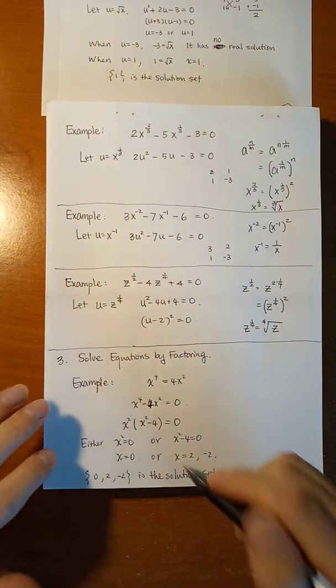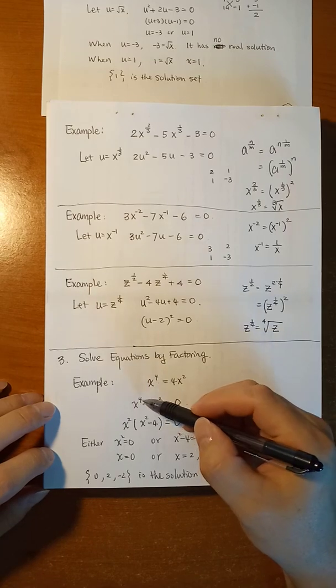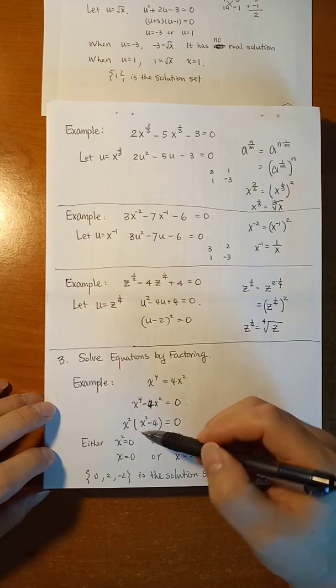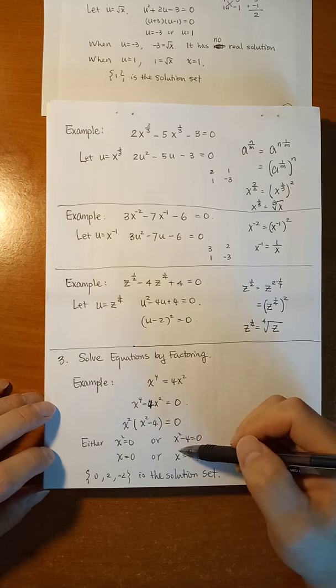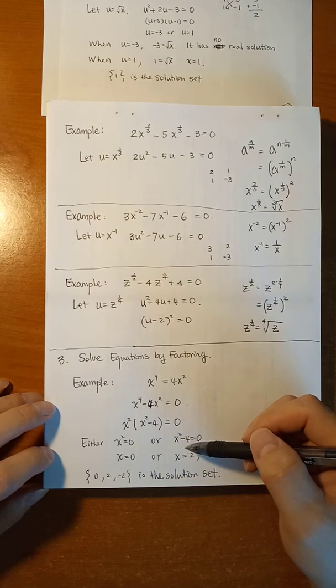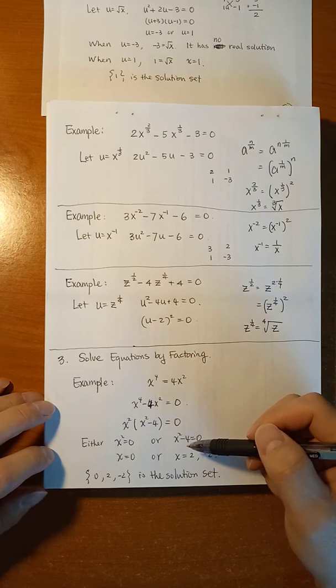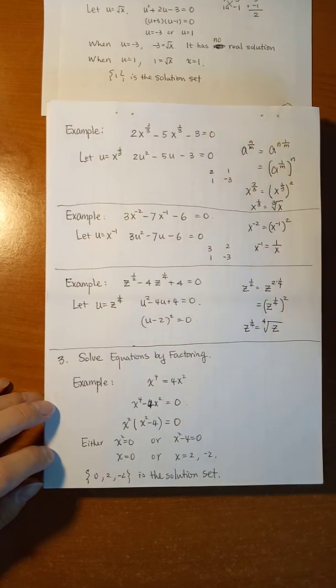After you see here, the original equation has degree 4. After factorization, each part of it has only degree 2. So factorization will reduce the degree. Lower degree will give us an easier process. If you have a high degree, it will be more difficult.